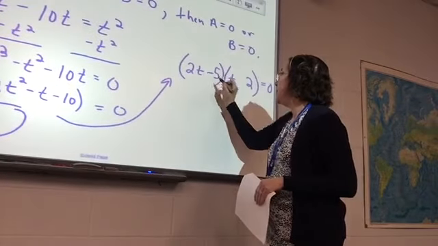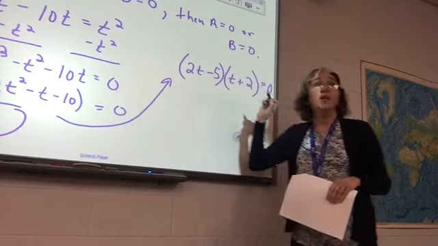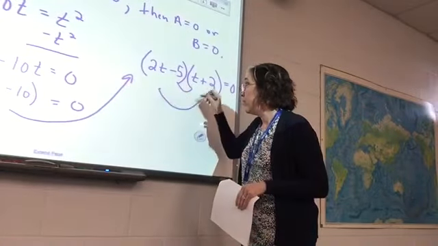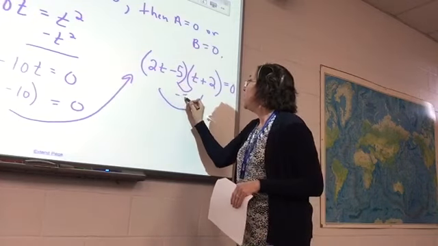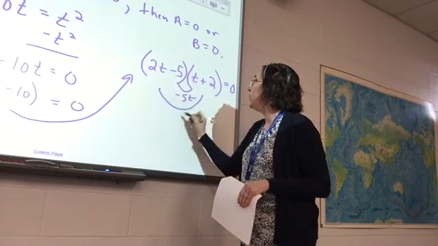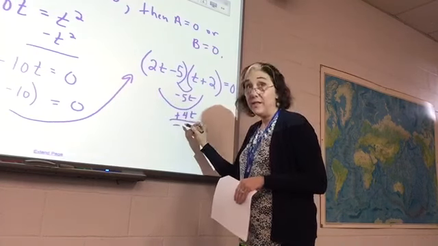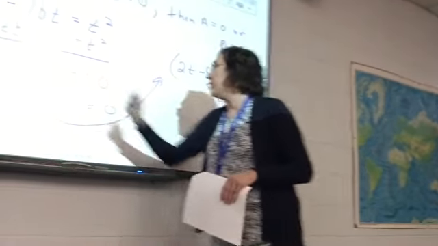So if I put the minus here and the plus here, let's check. Please always check your factoring. We get negative 5t and positive 4t. Yes, that was the correct signs and the correct combination that worked to give me that middle.